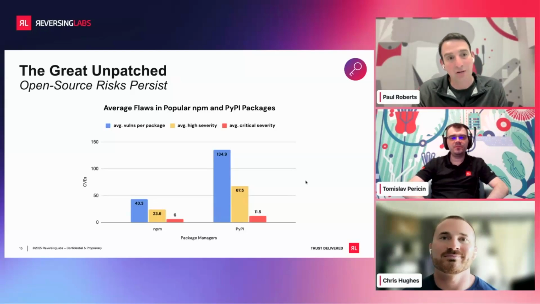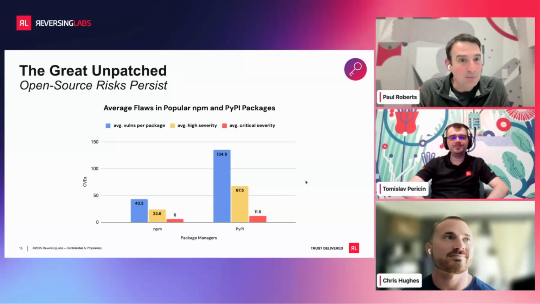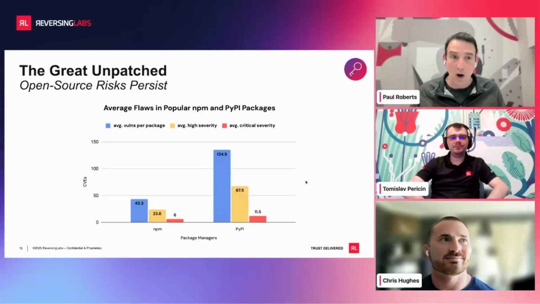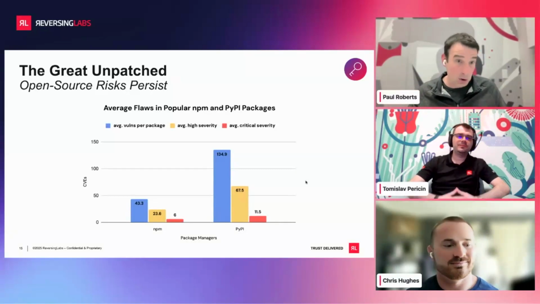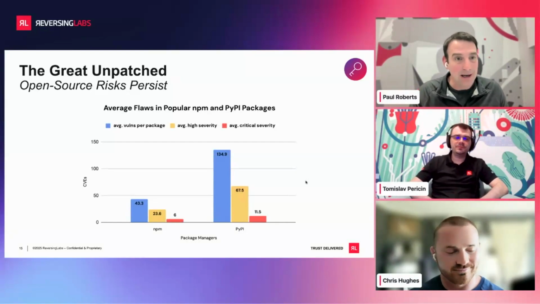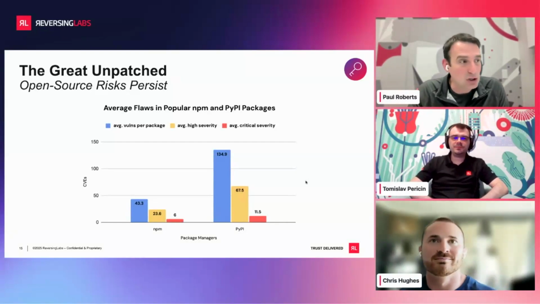We did a survey of around 30 popular Python and NPM packages, scanning them. These were widely used, with either thousands or millions of downloads a week, and many dependent applications.